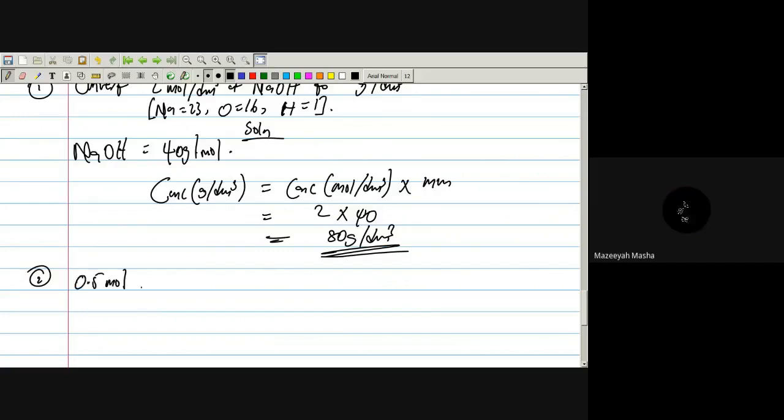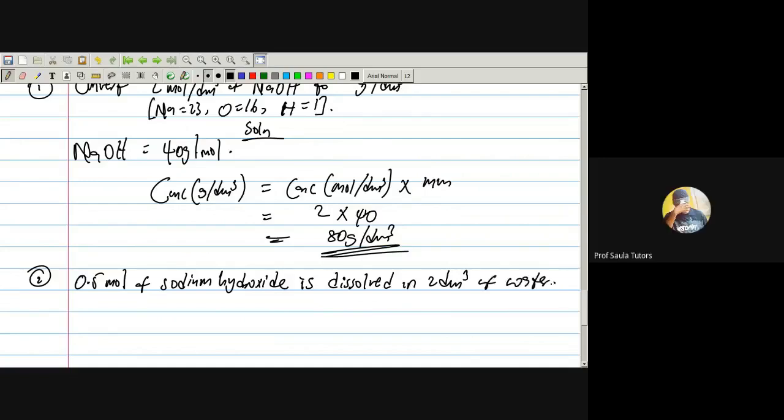0.5 mole of sodium hydroxide, that's NaOH, is dissolved in 2 dm cubed of water. Full stop.